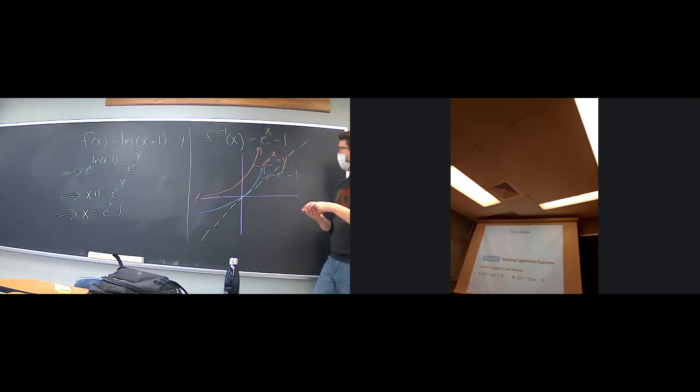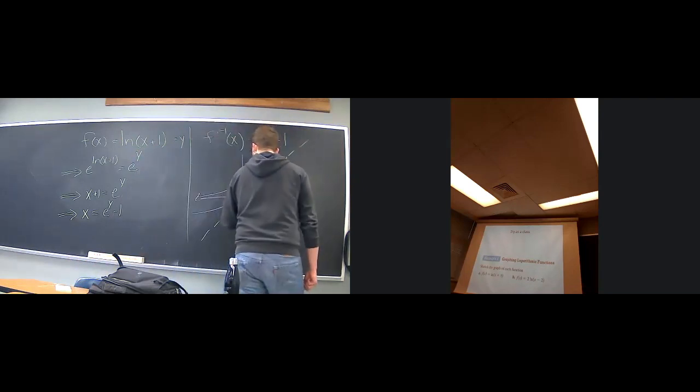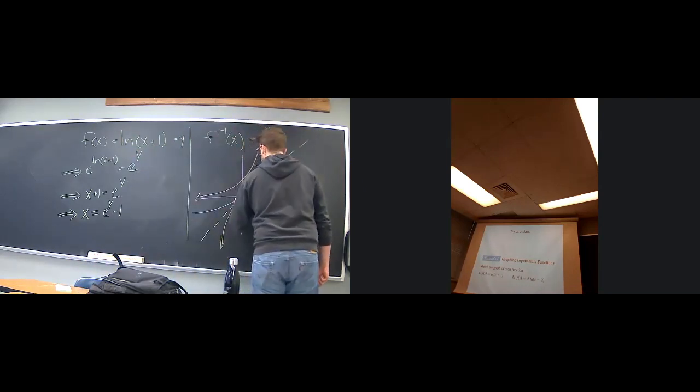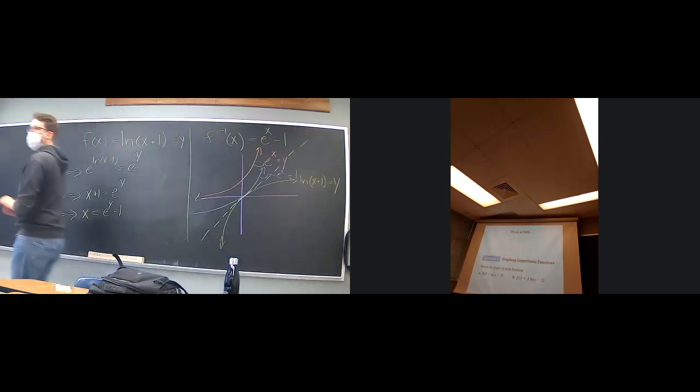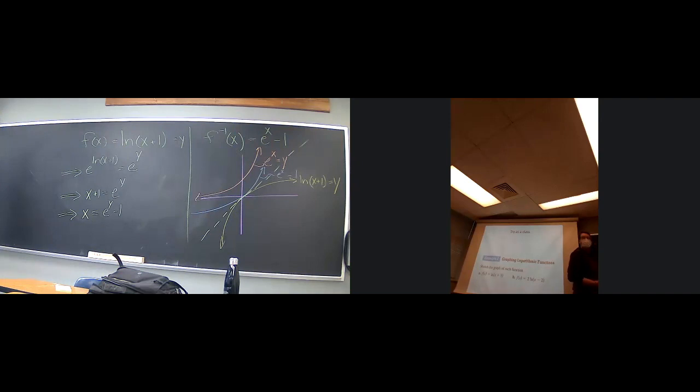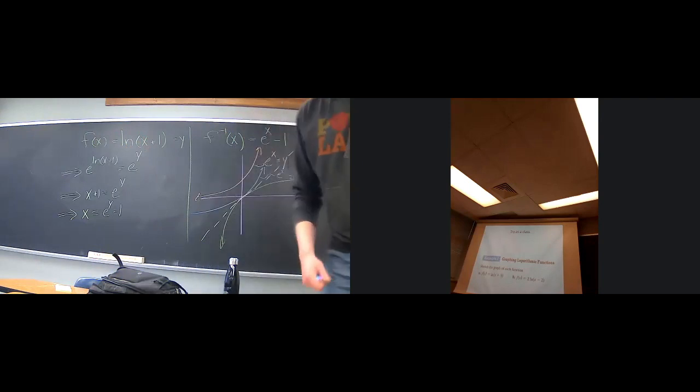So the graph that we want is this graph here in yellow. Make sense? So this is one method for finding it.